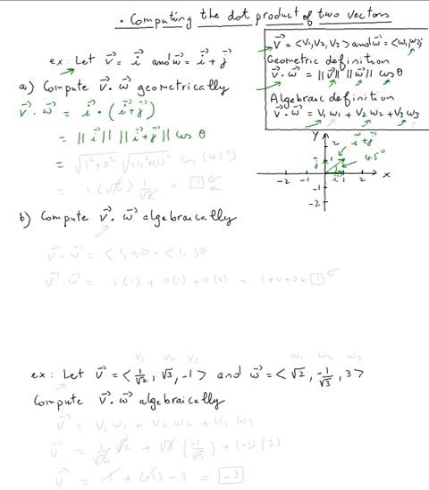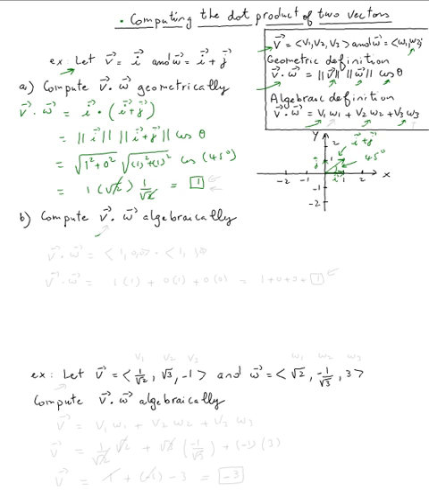Now the norm of i is the square root of 1 squared plus 0 squared. We know the norm of the unit vector i is 1, but let's just use the definition, times the square root of 1 squared plus 1 squared times cosine of 45 degrees. Now this is going to be 1 times square root of 2. Cosine of 45 is 1 over square root of 2. Simplify the square root of 2, and the answer will be 1.